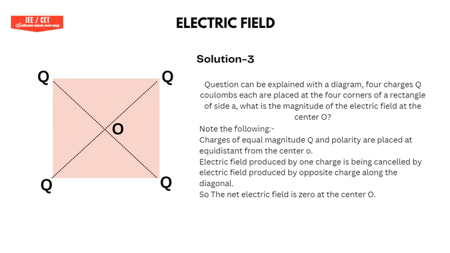We have to calculate the electric field at the point O due to 4 charges of equal magnitude at the 4 corners of the rectangle. At the center O, the charges at the edges of the diagonal produce equal and opposite electric field at the center O, ultimately cancelling each other, and the net electric field at the center O is 0.